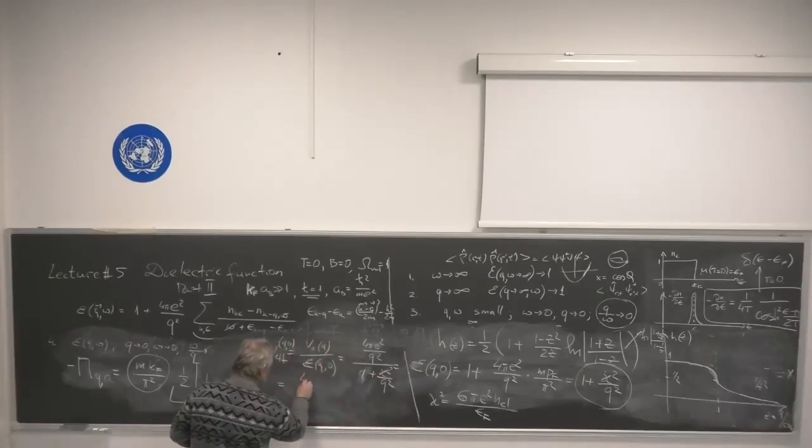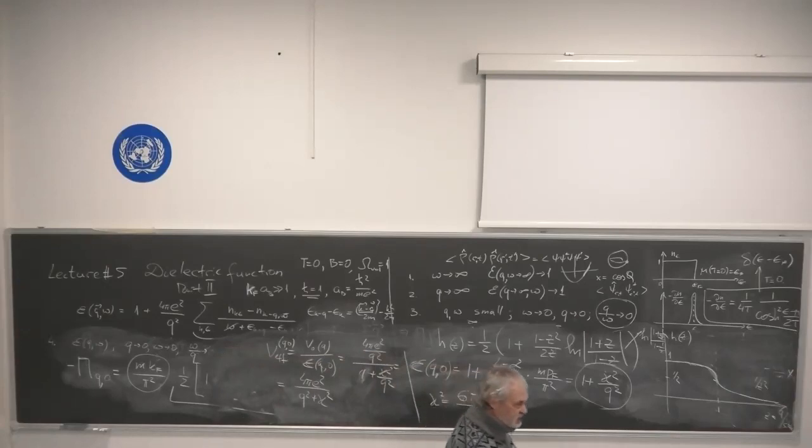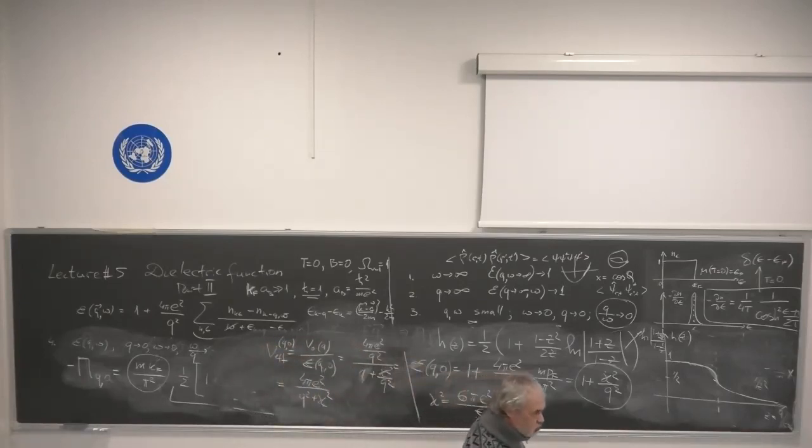It's equal to 4 pi e squared over q squared plus kappa squared. So you see, instead of the 1 over q squared singularity of the Coulomb potential, we get screening. So our effective potential is no more singular.